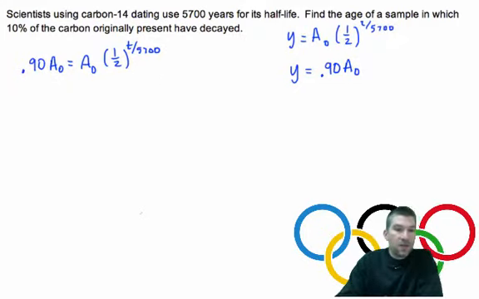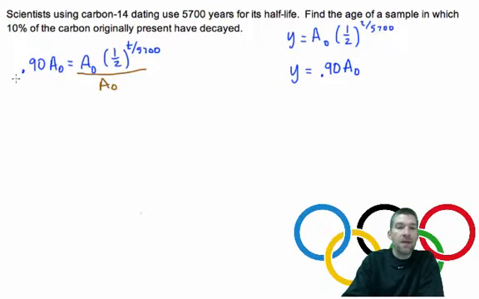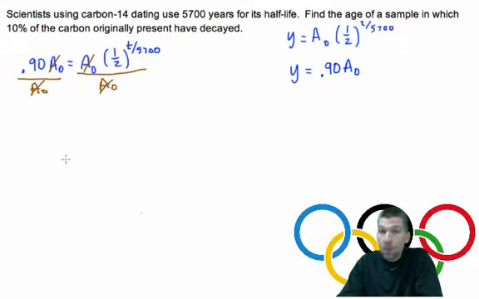Now, solve this like you would an algebra problem. The first thing we want to do is clear off the things that are on both sides. So I can divide by the initial amount, and the initial amount actually cancels out on both sides. So as it turns out, it's not important when we're trying to solve for t in this situation.